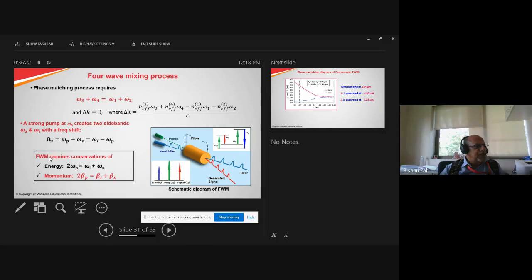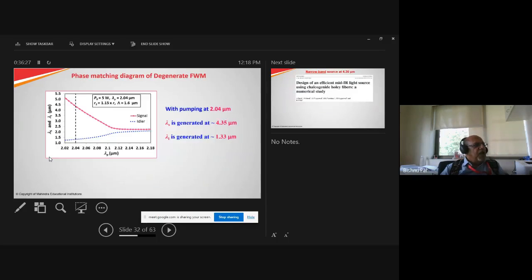And so the photo mixing requires conservation of energy and momentum in terms of these equations. Our idea was to make use of a commercially available laser as a pump and exploit photo mixing in a suitably designed microstructure nonlinear fiber to generate signal and idler.